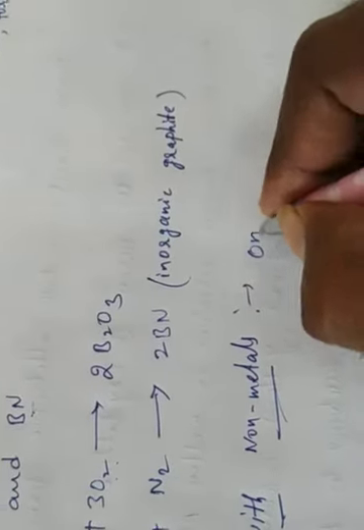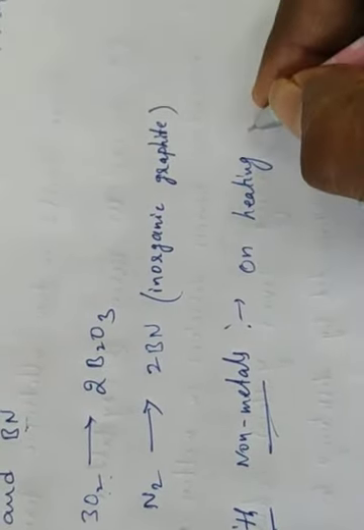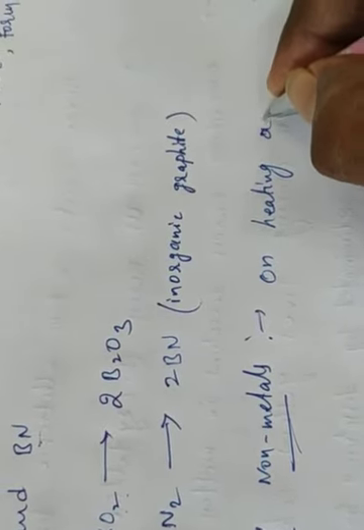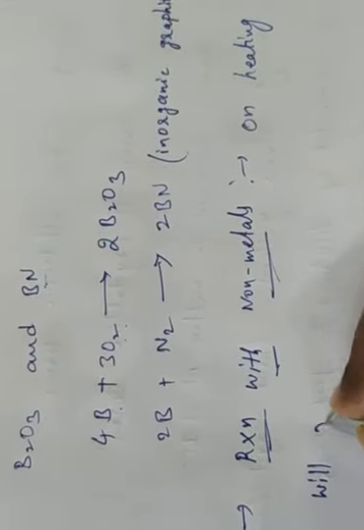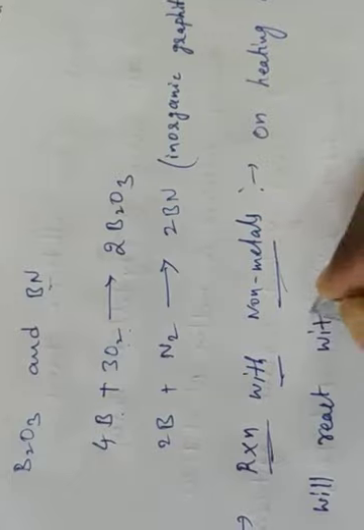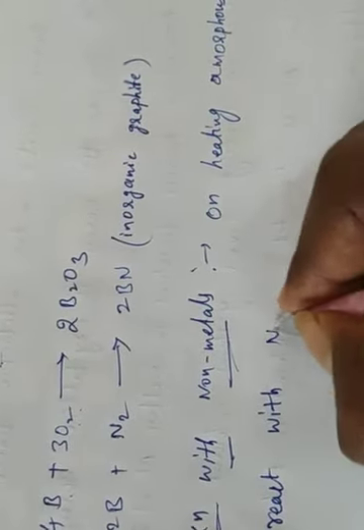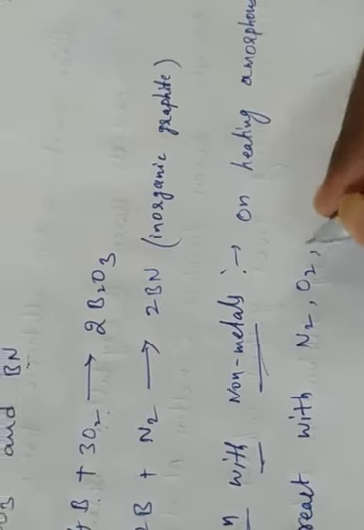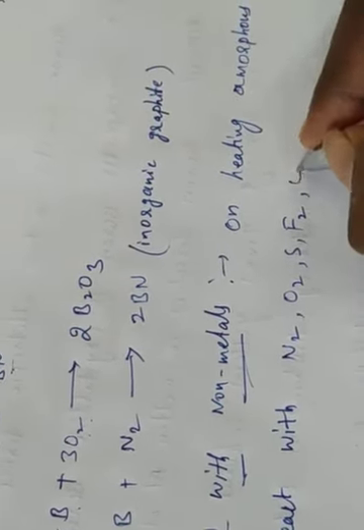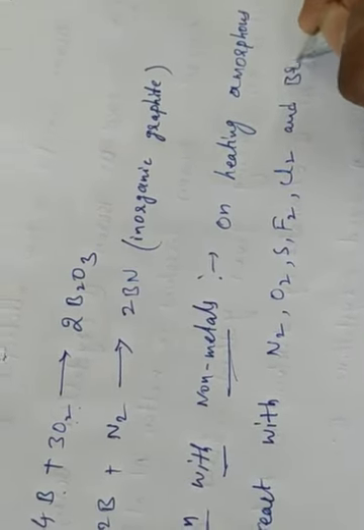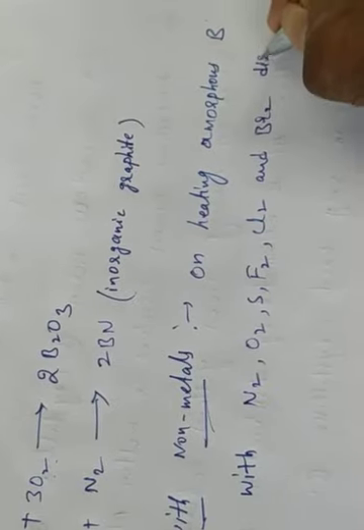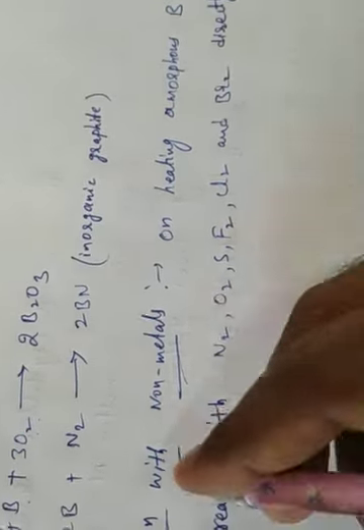Nitrogen, oxygen, sulfur, fluorine, chlorine, these are the non-metals.